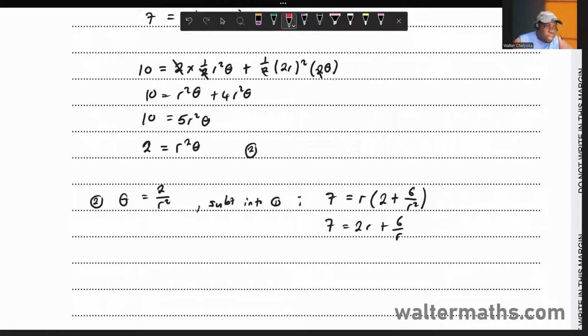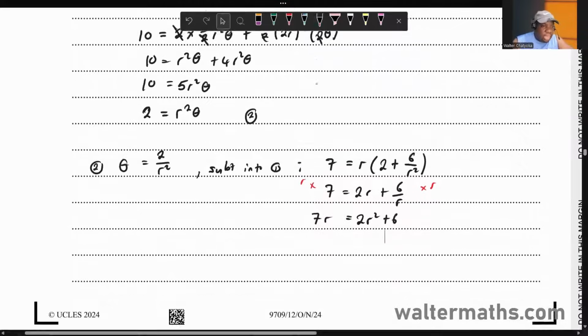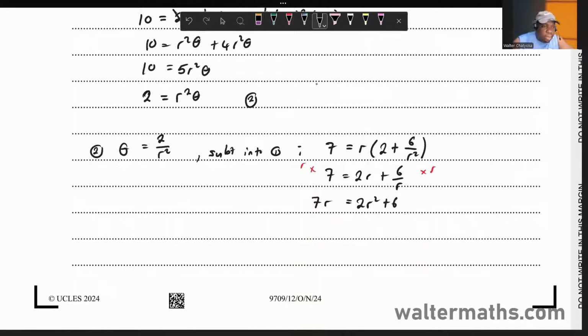We multiply both sides by r, so 7r is equal to 2r squared plus 6. Essentially we have 2r squared minus 7r plus 6 equals 0. That factors with 2r and r, and here 3 and 2, minus and minus.